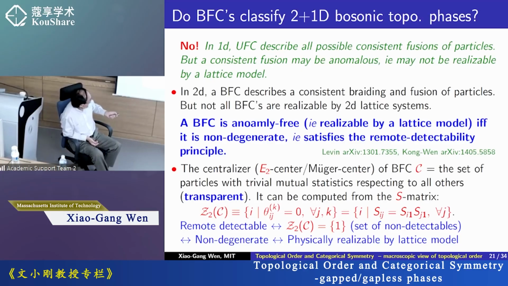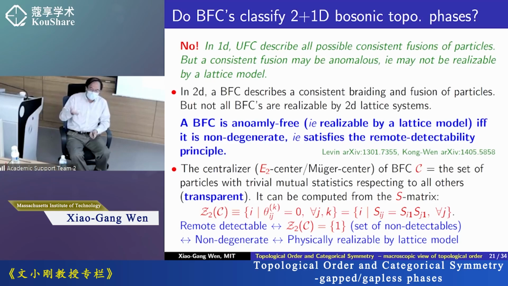So therefore, remember we described topological order using the ST matrix. If you know the S matrix, you can compute what is detectable and what is not detectable. But anyway, I won't go into detail here. From here we just want to say that some braid fusion categories are detectable, some are anomalous, some are not.